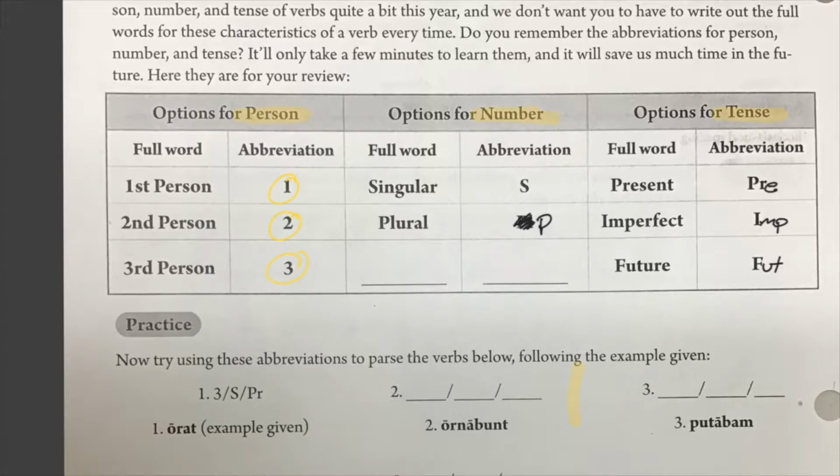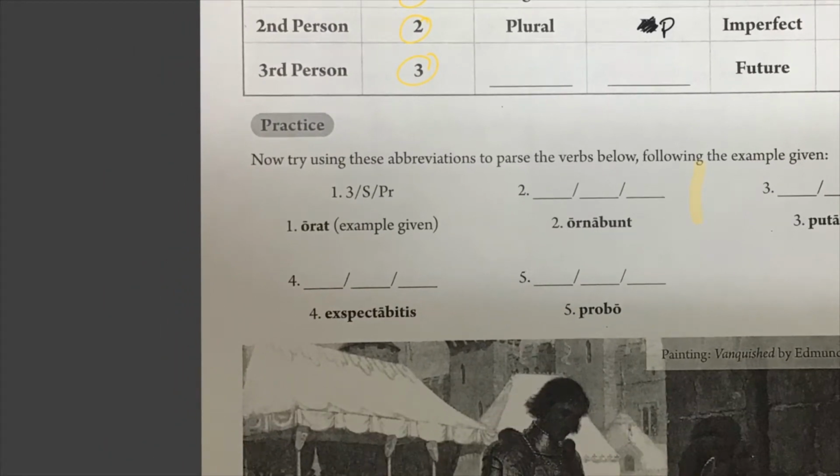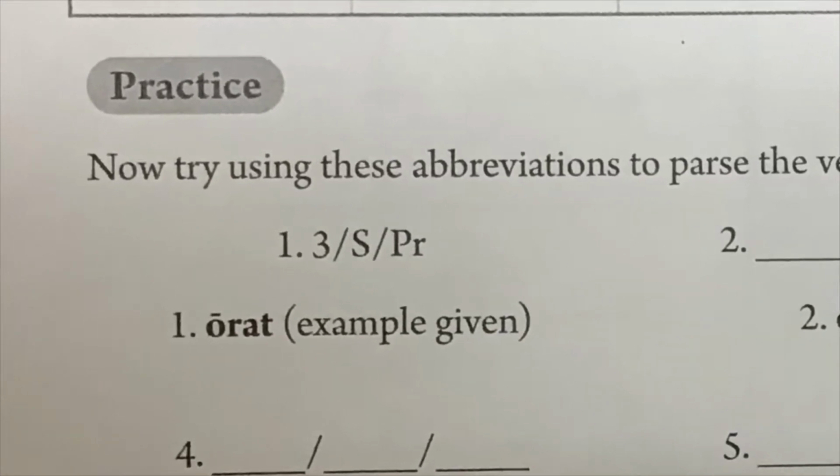Now, as we think about the actual parsings that we're being asked to do in this particular assignment, we want to take a look at each of these individual verbs. So here we have the first one, orat. Now, I know they've done this one for you, but I'd still like to walk through it with you real quickly.